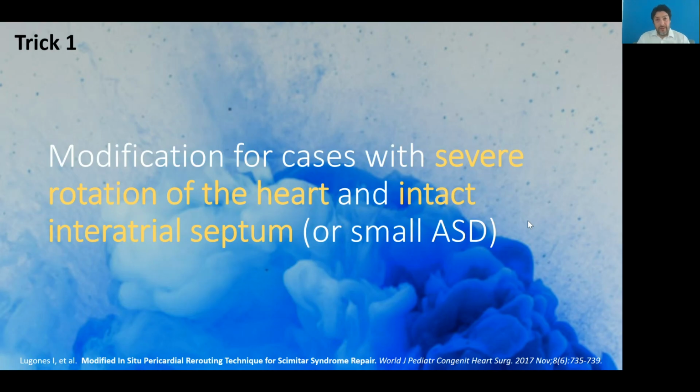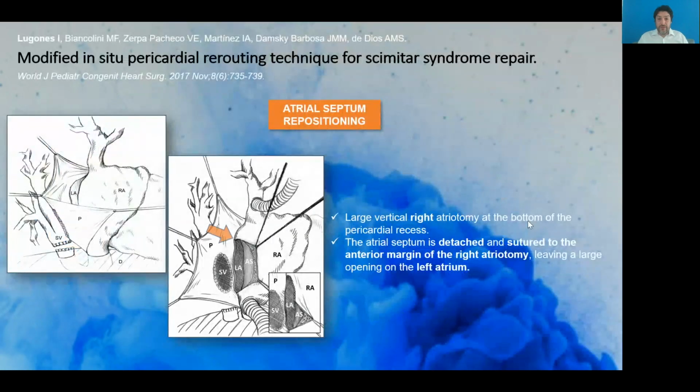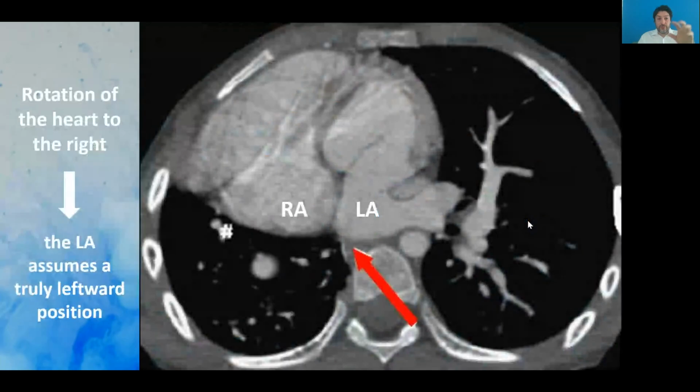And one trick: some cases have severe rotation of the heart, and when you find that the interatrial septum is intact, or you have a small ASD, you can go for this technique that we published in 2017. As you can see, when there's severe rotation of the heart, the left atrium assumes a truly leftward position.